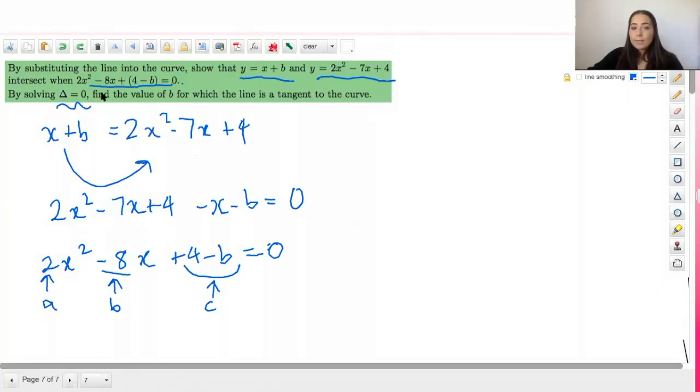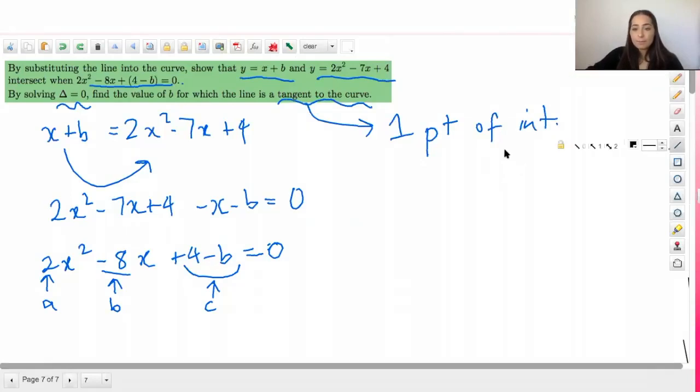So the reason the discriminant is equal to 0 is because of this reason over here. If the line is tangent to the curve, it means that there is only one point of intersection. The reason is because of this.